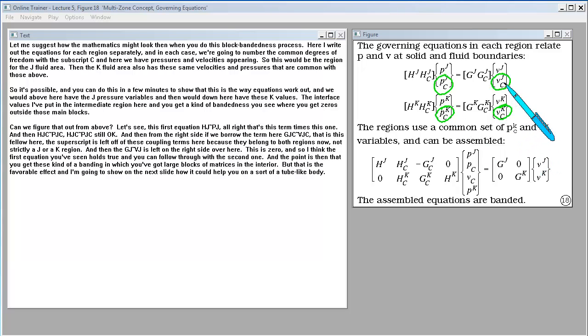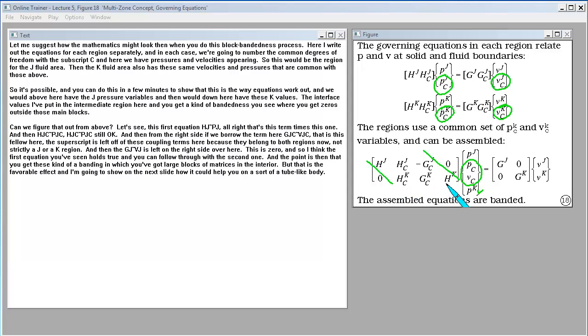So it's possible, and you can do this in a few minutes, to show that this is the way the equations work out. And we would above here have the J pressure variables, and then down here have these K values. The interface values I've put in the intermediate region here, and you get a kind of bandedness, you see, where you get zeros outside those main blocks.